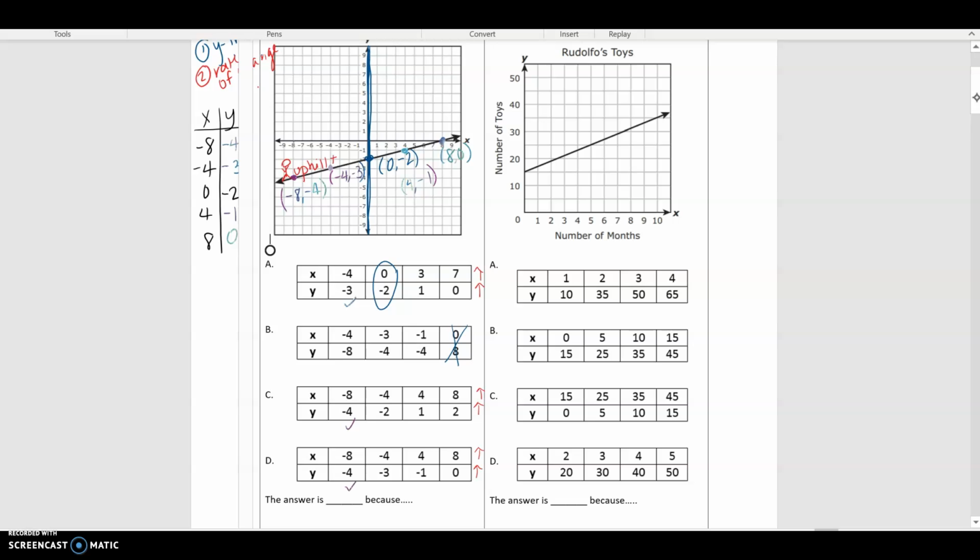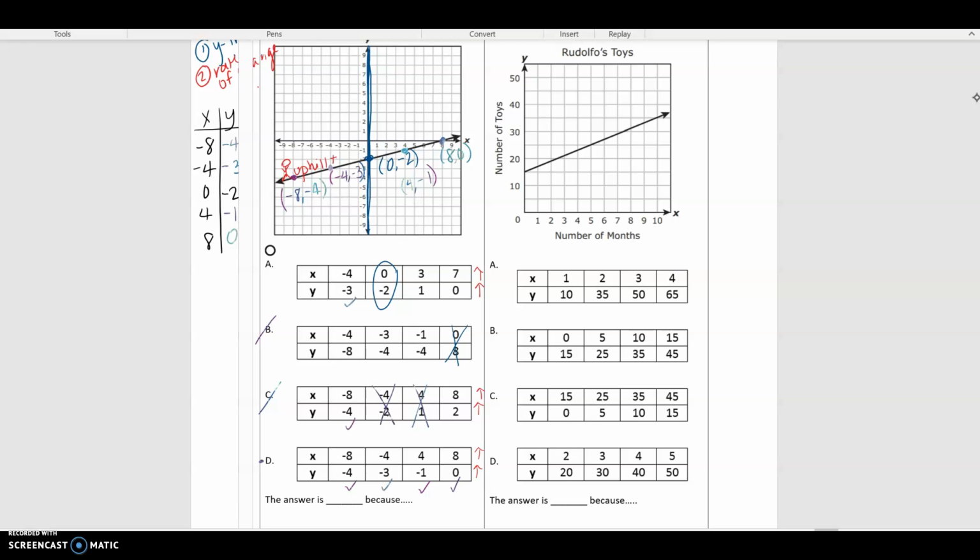Now let's try the -4, -3. That looks good. 4, -1, this has 4 and 1. Oh, I already eliminated that one and that one, sorry. 4, -1, that looks good. 8, 0, that looks good. So I found that this table looks good.